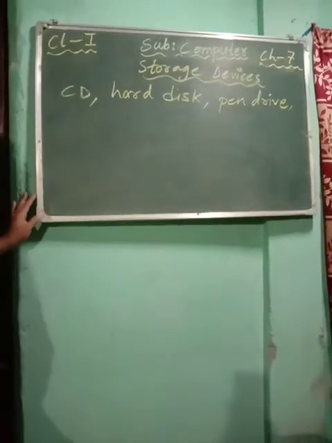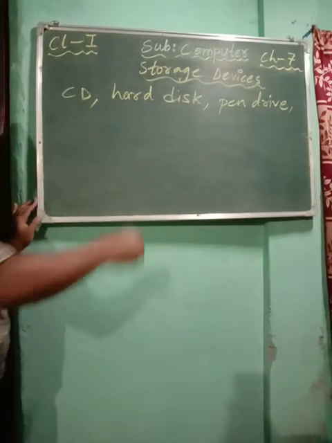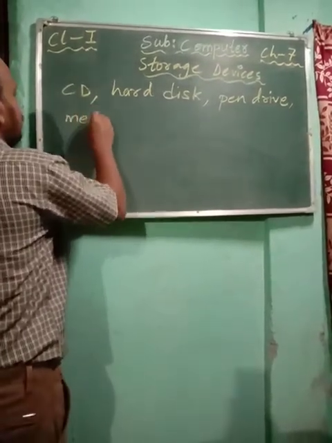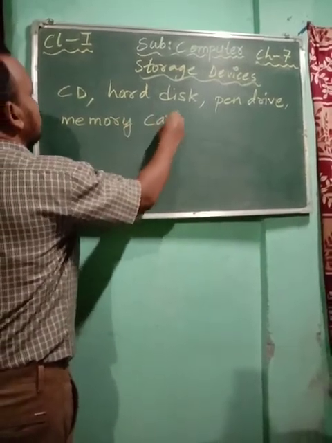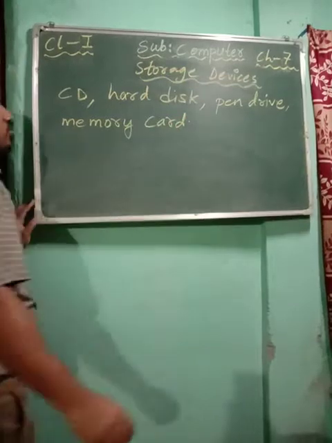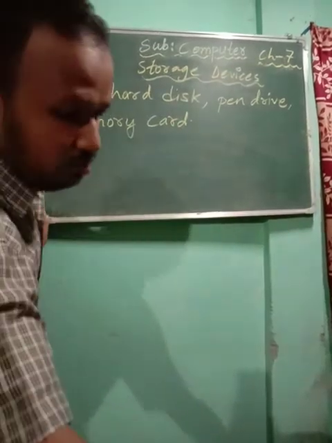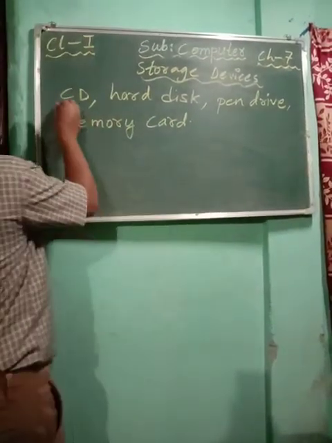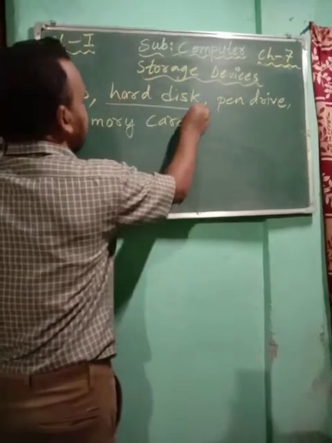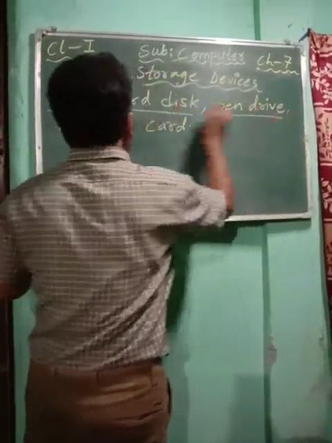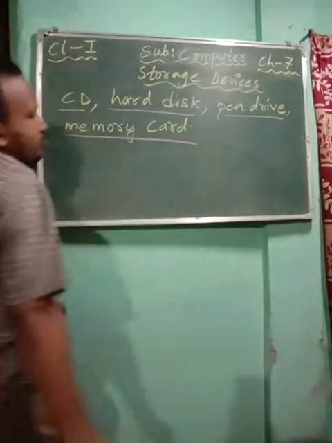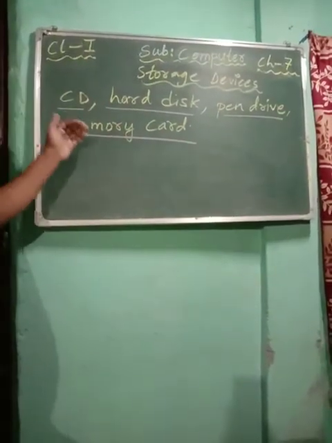CD, hard disk, pen drive, memory card. In all of these you can store your data. In a CD you can store, hard disk which is inside your CPU, pen drive, memory card.